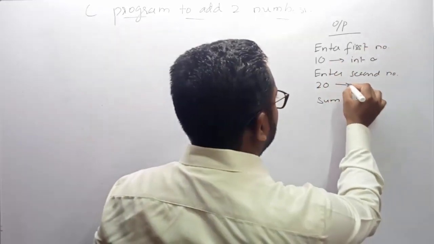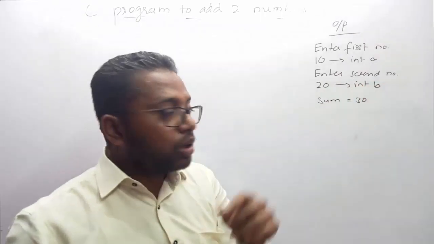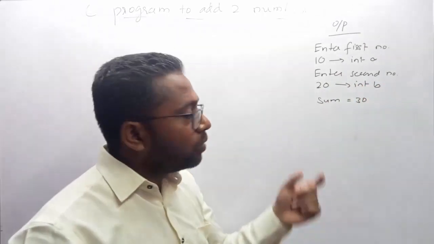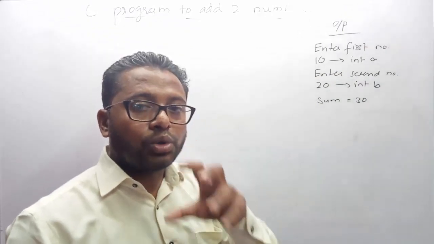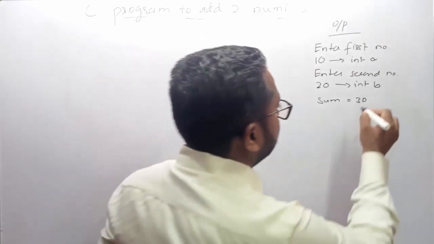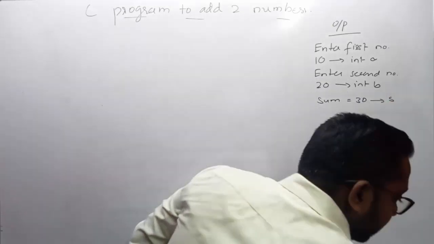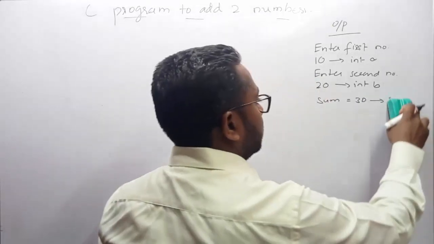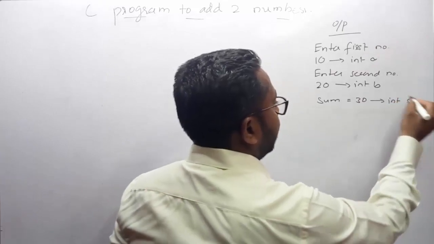Then I will create one more integer variable b to hold the value of 20. Once these two values get added, we will get an output, and that output value we also need to store in another variable. That's why we need to create a third variable, sum, and this sum variable is also of type integer.